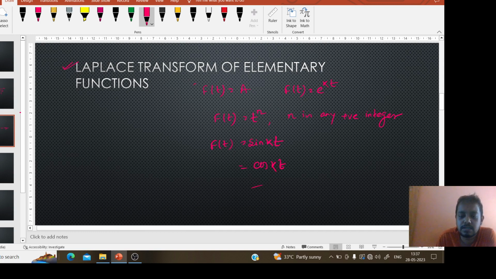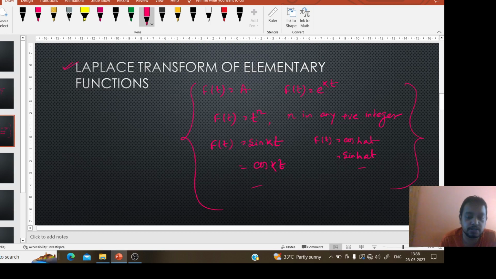So these are some elementary functions: a constant function, an exponential function, an algebraic function, and trigonometric functions. We can also consider f of t equal to cosine hyperbolic at and sine hyperbolic at. Now let us discuss one by one how we can find the Laplace transform of these elementary functions.